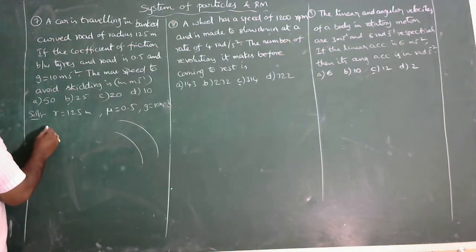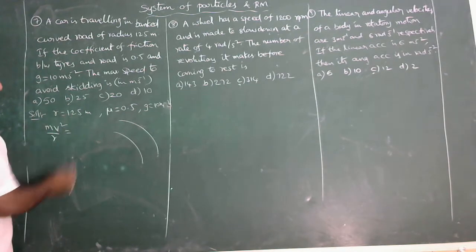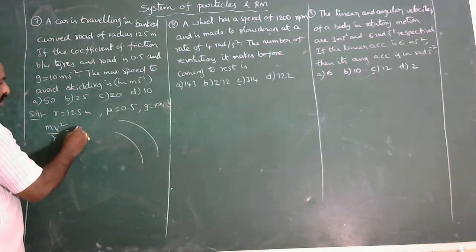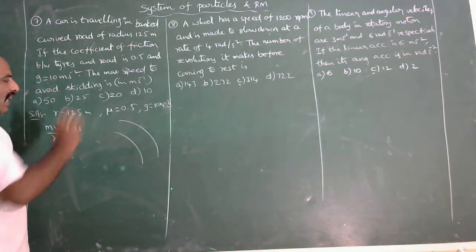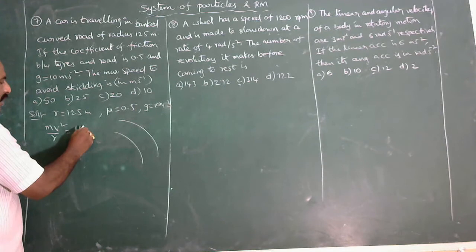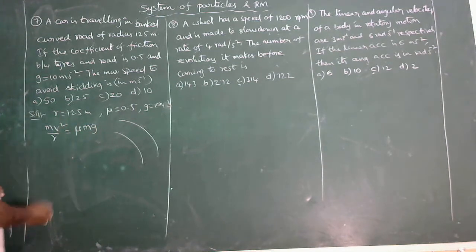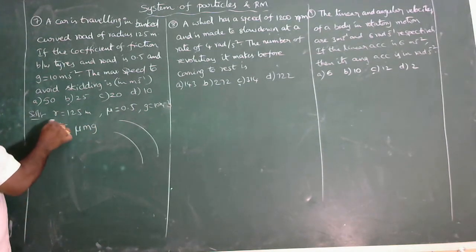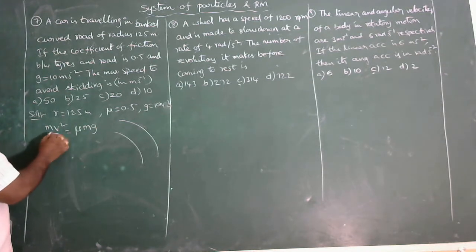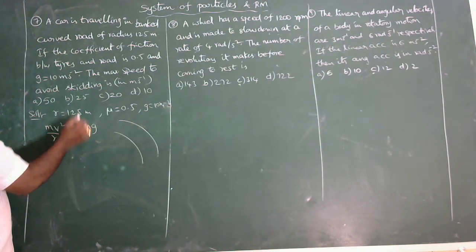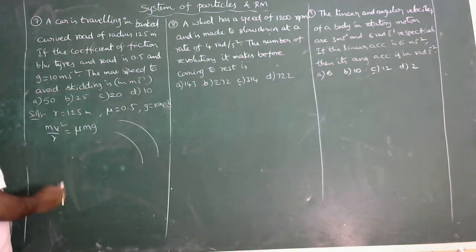That's why we equate the centrifugal force mv square by r to the frictional force. Frictional force formula is mu into N, where N is the normal reaction. In the case of a horizontal plane, N is replaced by mg. This is the centrifugal force and this is the frictional force. Both are equated, then only we avoid the skidding of the car.